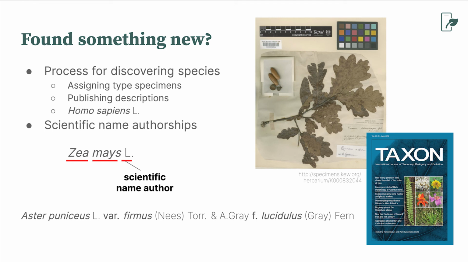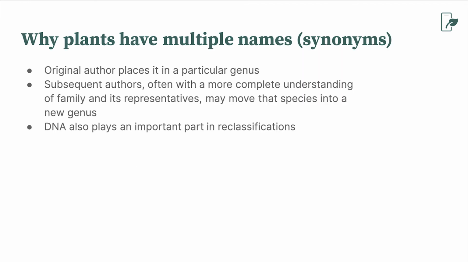So moving on from that is, why do plants have multiple names? Well, when a plant gets discovered, me, for example, as the author of that species description, I might assign it to a particular genus. However, Harvard might come along and say, actually, I think it belongs to this particular genus, or I think it belongs to this particular family.